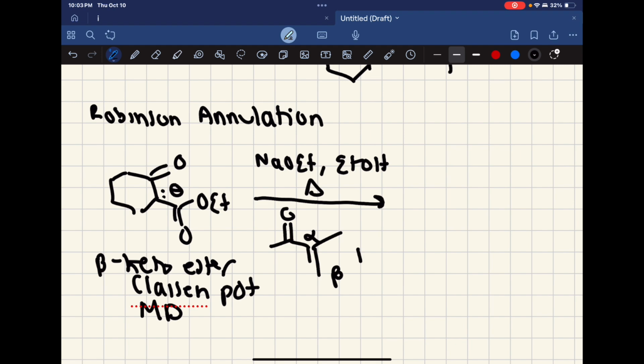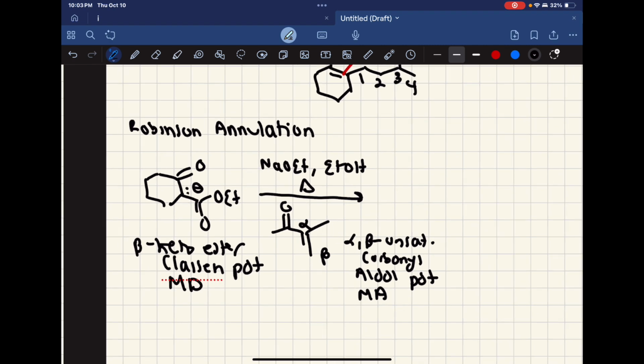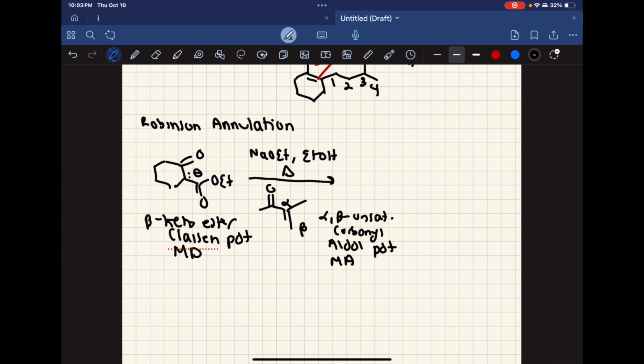This is probably an aldol product, and specifically the Michael acceptor here. So we are going to first form a Michael reaction, then we'll do that final aldol to show you how we form this fused cyclic structure.